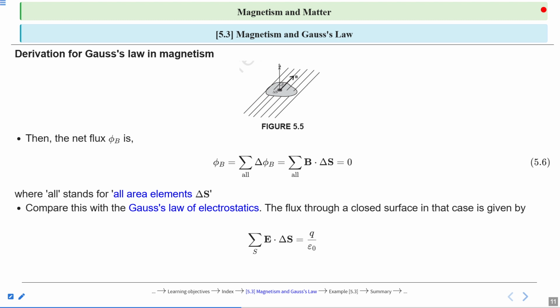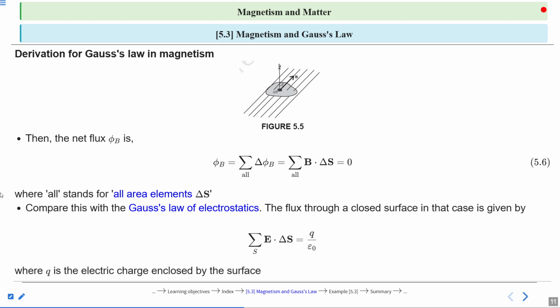So summation we can use, with delta S, when we are taking small elements of surface area. Although these small elements also have some significant surface area. But if we are taking a negligibly small surface area, then delta S tends to 0, it is denoted by dS, and this summation converts to a closed integral.